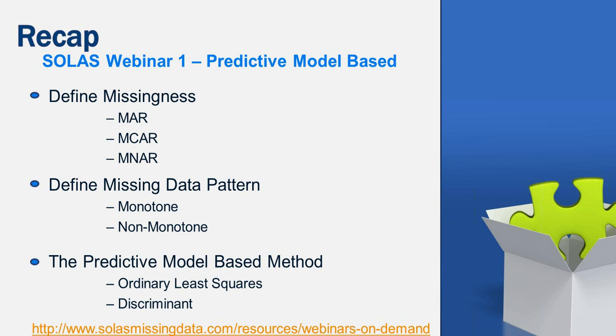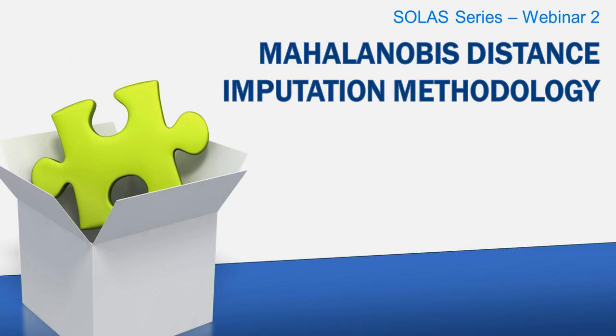There's a link here at the bottom of the screen, if you can see it, where you'll find a recording of the previous webinar if you want to catch that. It's at www.solasmissingdata.com/resources/webinars on demand.